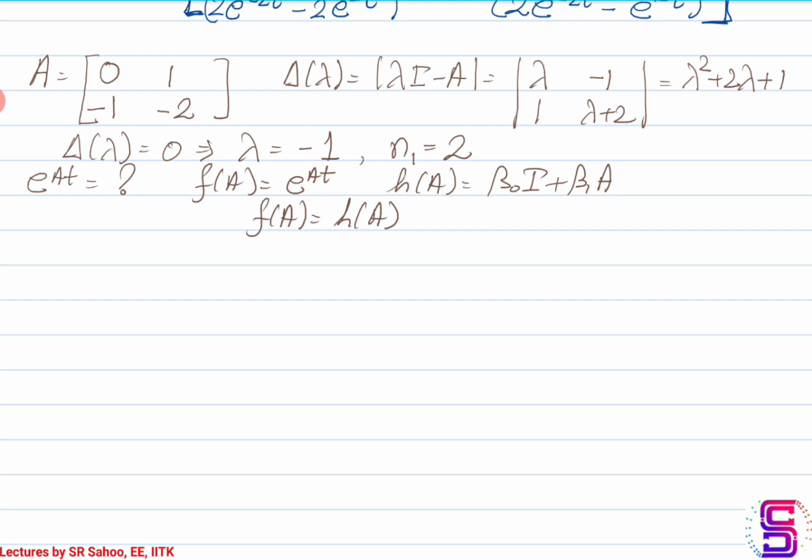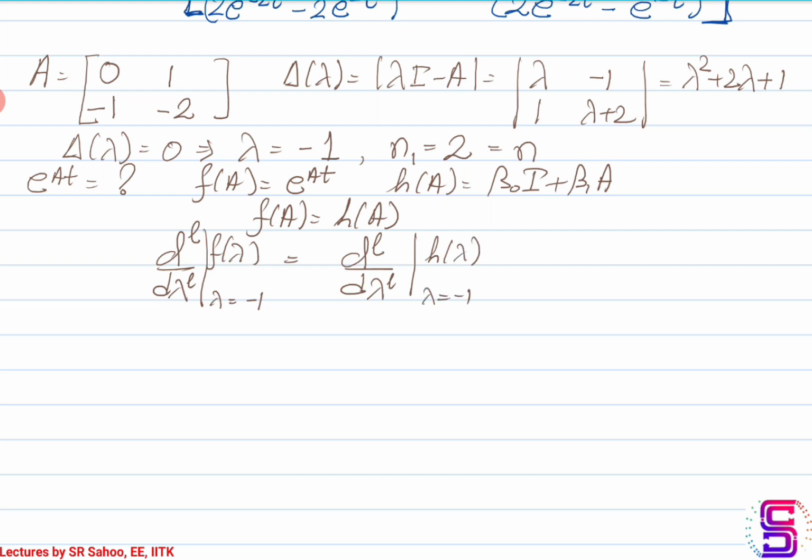Now to find the coefficients, since n1 is equal to 2 and this is of course equal to n, we'll take the derivative of f with respect to lambda and solve it for lambda equal to minus 1 and equate it to the derivative of h with respect to lambda and solve it for lambda equal to minus 1.